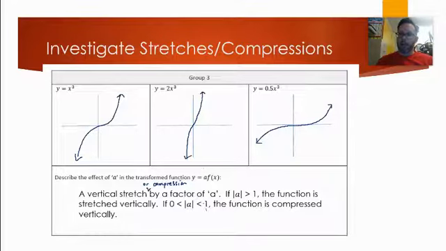Now, I did put absolute value signs around a in that definition just to cover our bases after we allow a to be negative. But essentially, if the size of the number a is bigger than 1, it's going to be a vertical stretch. If the size of a is between 0 and 1, it will be a vertical compression.